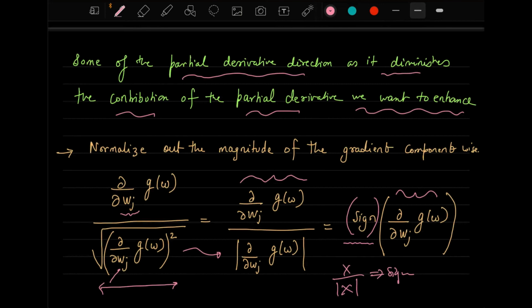So what you are doing now is you are not dividing by the summation of all the derivatives, but by the specific value of wj corresponding to that specific direction. Because as you know, there may be a situation where this particular wj direction is close to 0, and when you divided it by the earlier expression, the summation of all the derivatives, it was becoming strongly 0.